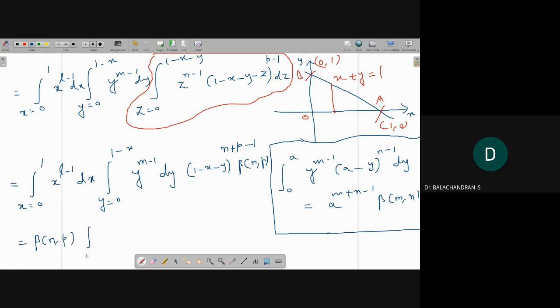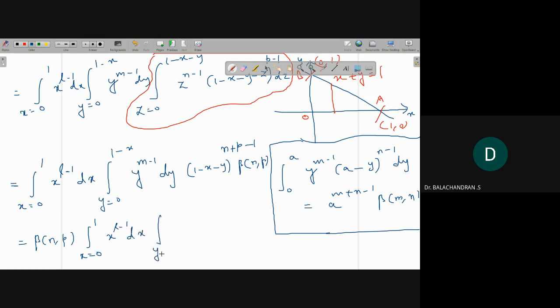Remaining is the integral x from 0 to 1 of x power l minus 1 dx, and the integral y from 0 to 1 minus x of y power m minus 1 into (1 minus x minus y) whole power n plus p minus 1 dy.